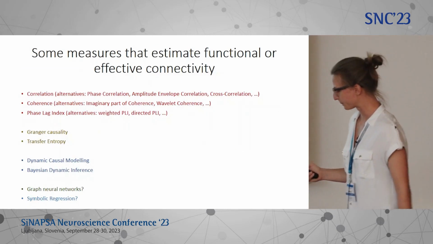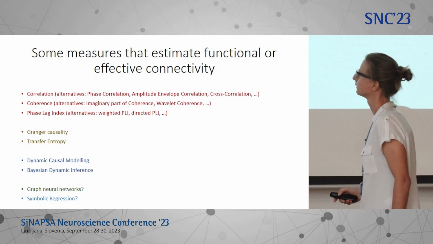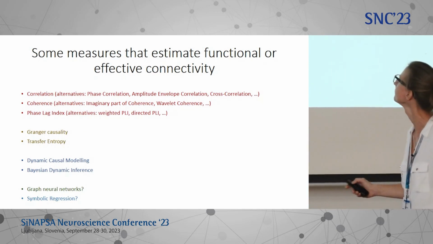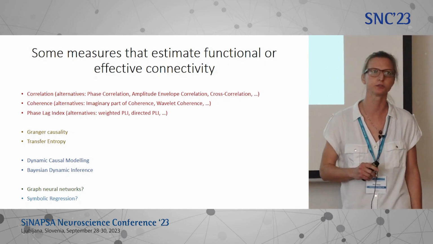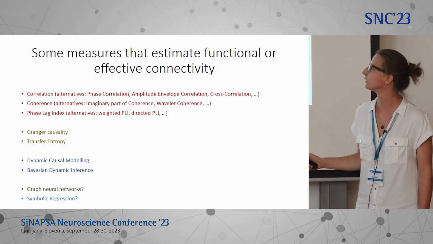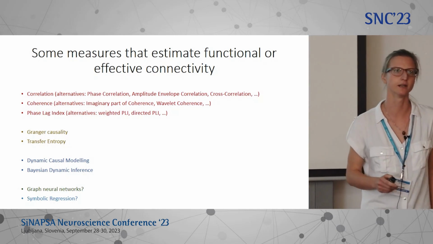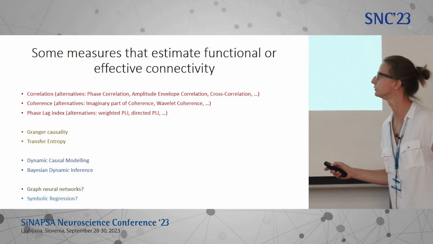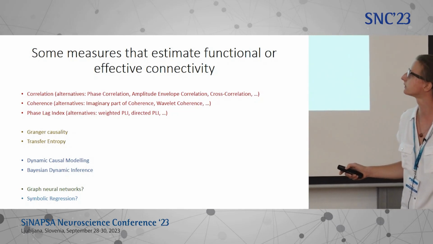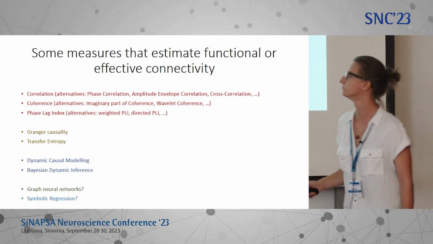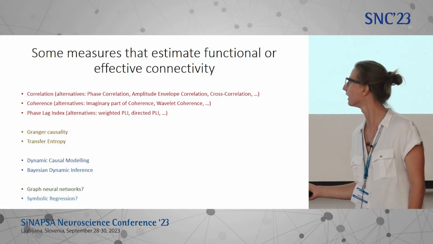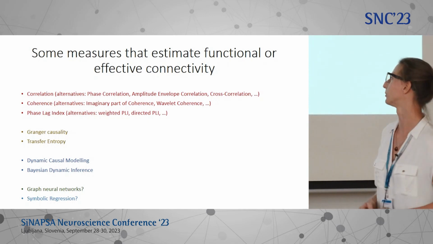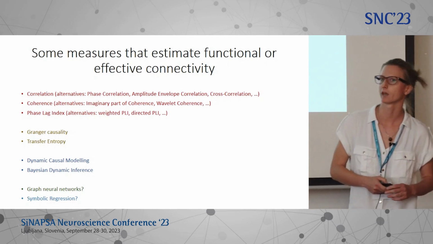Okay, so there are many other methods in the field for this connectivity analysis. We heard a lot about them yesterday from the first symposium. So correlation is like a classical one. I grouped them a little bit here. These would be classical statistical methods, this would be information theory methods, and this would be some model-based methods, where we already have some prior assumptions.